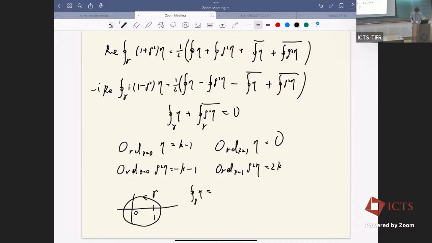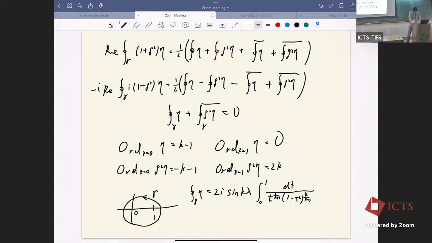The integral of eta, I just write the answer: 2i sine of k lambda times the integral from 0 to 1 of 1 minus t to the k over k plus 1, to the power 1 over k plus 1, dt.